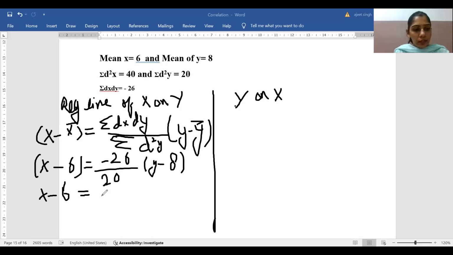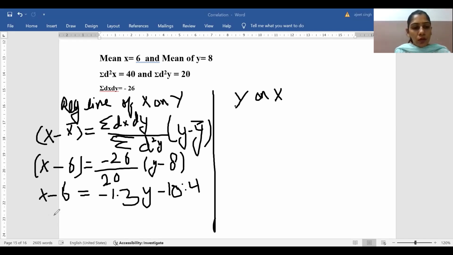So it is minus 1.3 by minus 10.4. Understood?